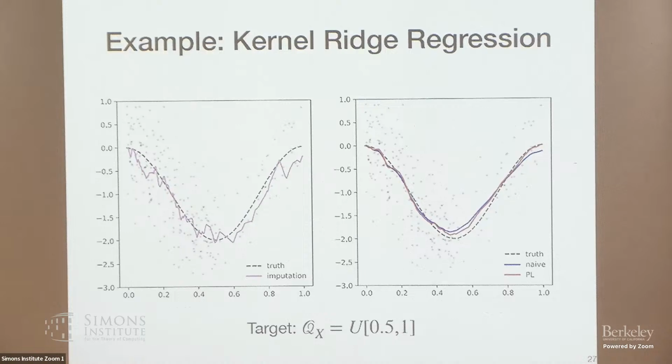This is how the method works in kernel ridge regression. Still the non-parametric regression example I showed before, you get lots of data, and I train an imputation model in this pink color. It's very wiggly, very undersmooth.